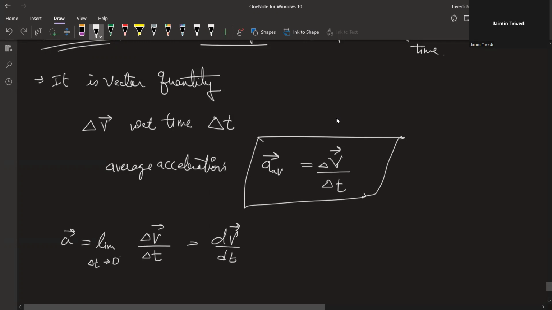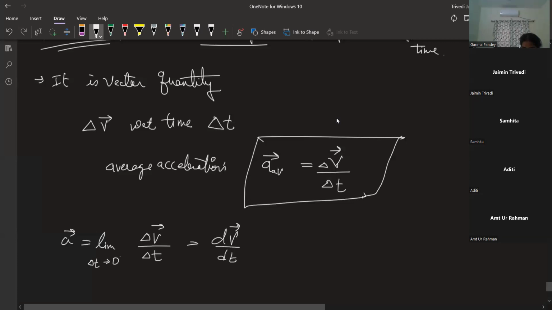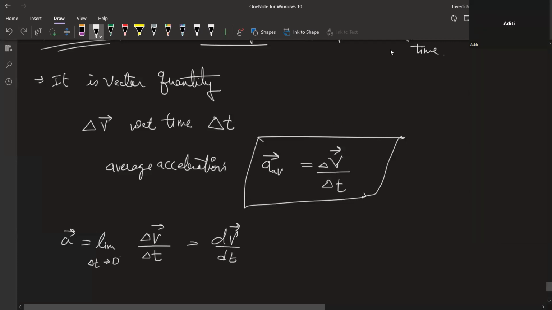Is time a vector quantity or scalar quantity? Scalar. So velocity is a vector quantity, right? Yes, sir.